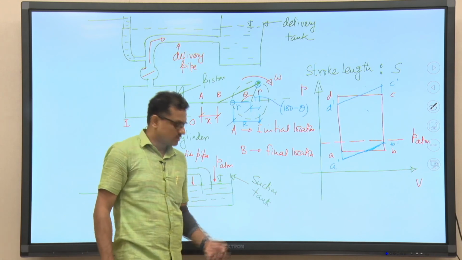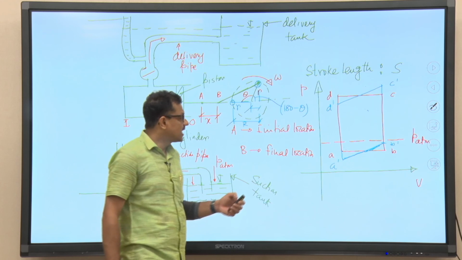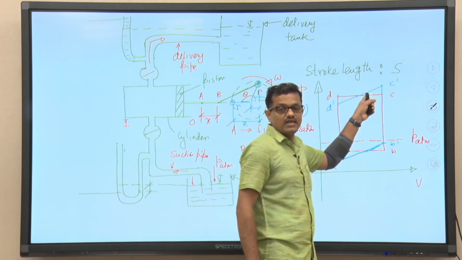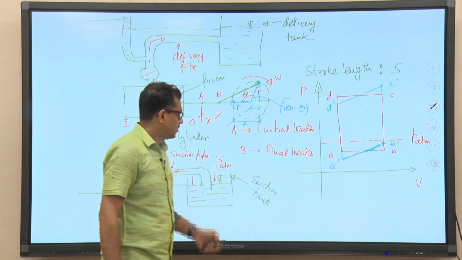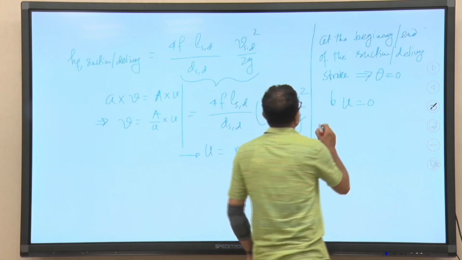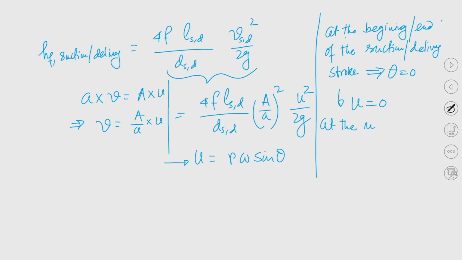What will be the case at the middle of the suction and delivery stroke, when theta equal to 90 and 270 degrees? Then u equals u max, the velocity is maximum, not equal to 0.